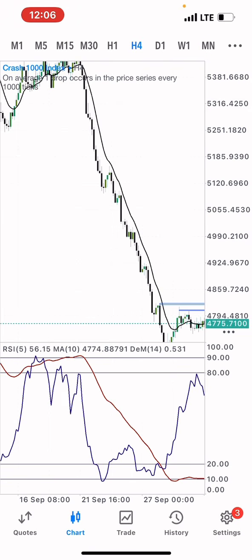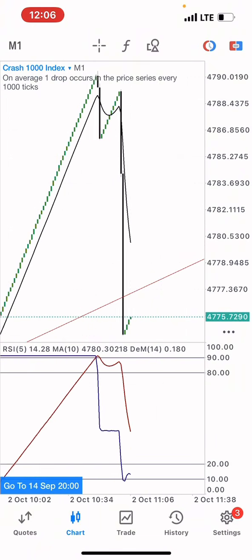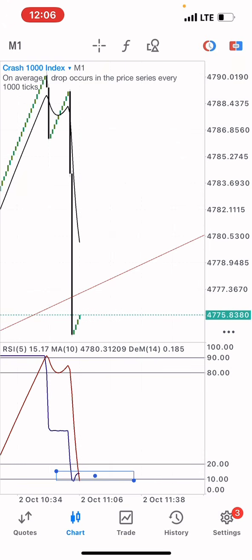And then that's when I'll now switch to the 1 minute time frame, and then I'll be looking out for the convergence of the indicators around level 20, level 10 this time around, no longer at the RSI level 90 and 80. Remember, we are doing the opposite of what we did for the boom 1000 index market. So price has to come to the indicators.